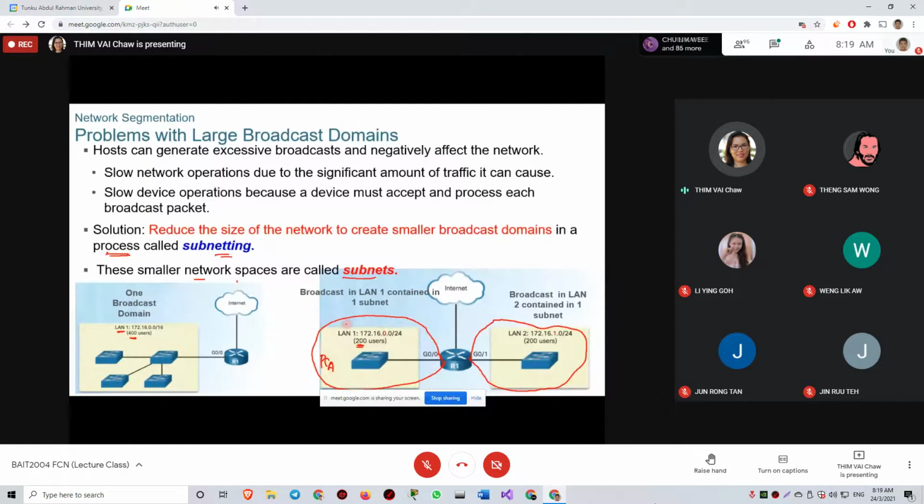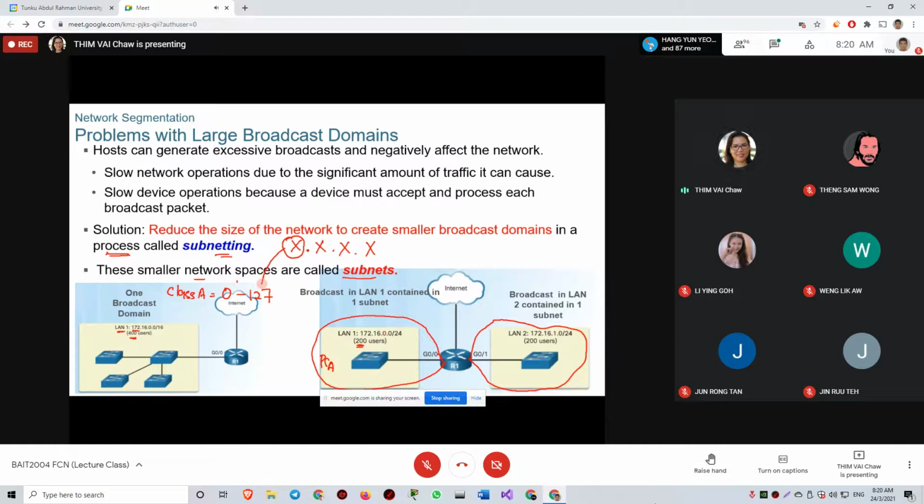Over this side, you can see 172. If you recall from last week's class, when the researchers designed the IPv4 address, they came up with class A. For class A, we look at the first octet, number from 0 to 127. If you have X in this format of IPv4 address, they look at the first octet.